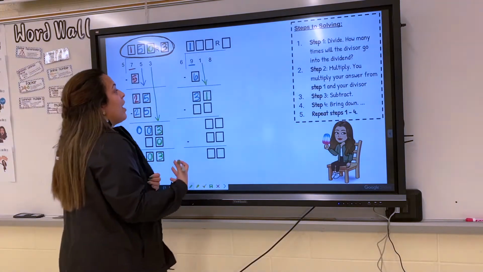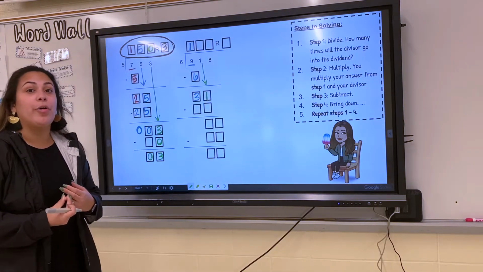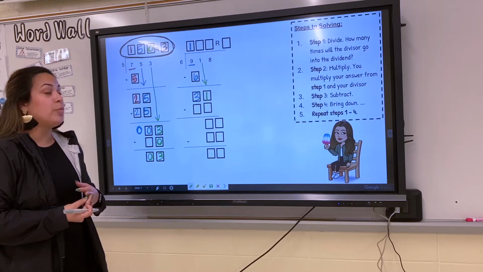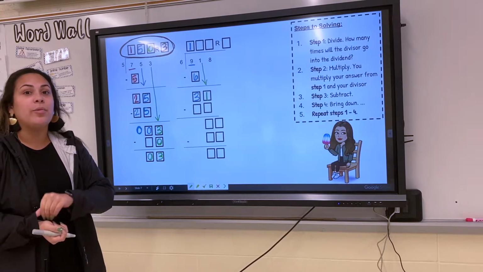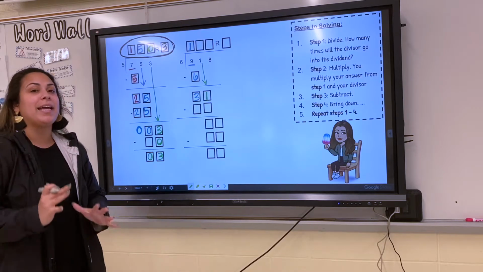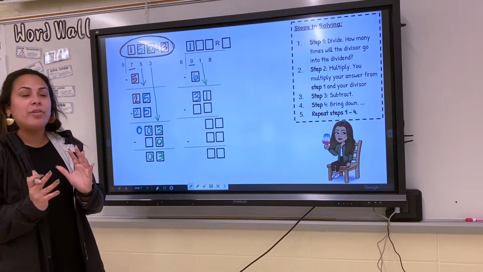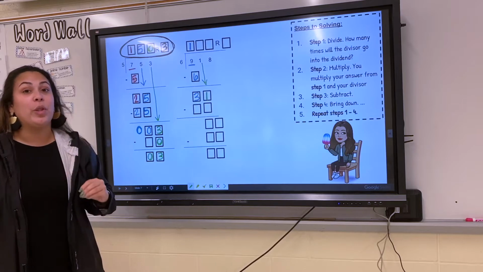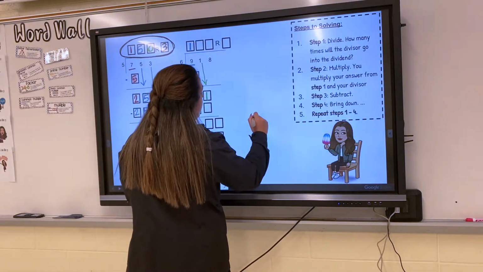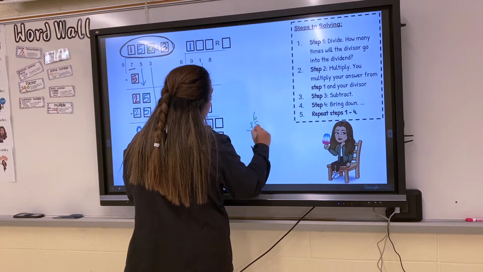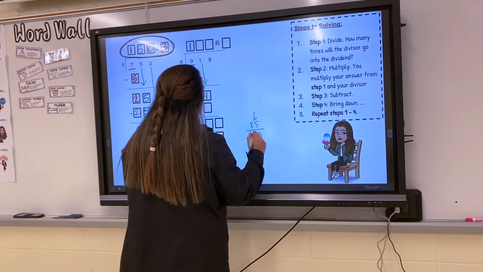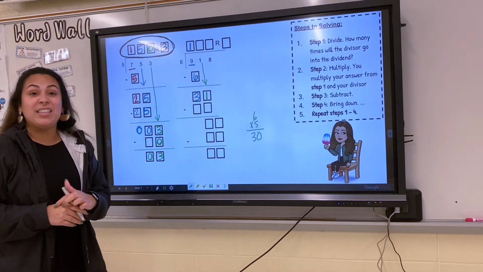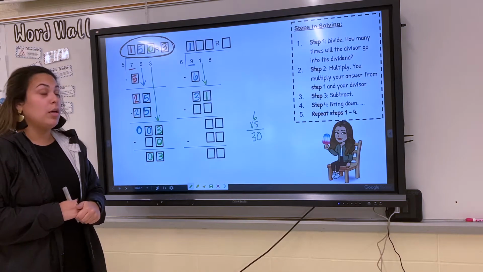On the side, I don't know how many times that is, so I'm going to multiply 6 by a random number. I always like to start with the number 5 because it gives me a nice middle point to decide whether I need to go higher or lower. 6 times 5 gives me 30. That's real close.